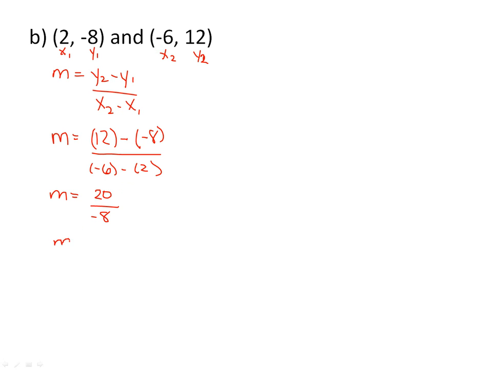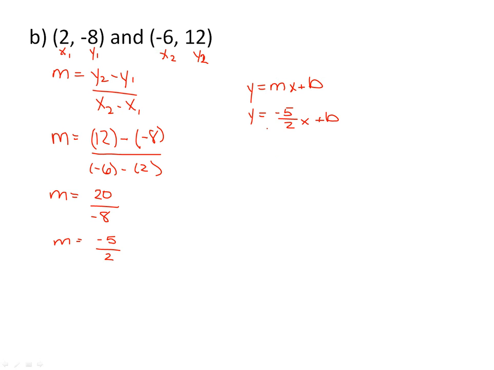And when I reduce that, as I always reduce, I end up with negative 5 over 2. So now that I know my slope is negative 5 over 2, I take my equation for a line and fill in my slope. So I now know that y equals negative 5 over 2 x plus b.